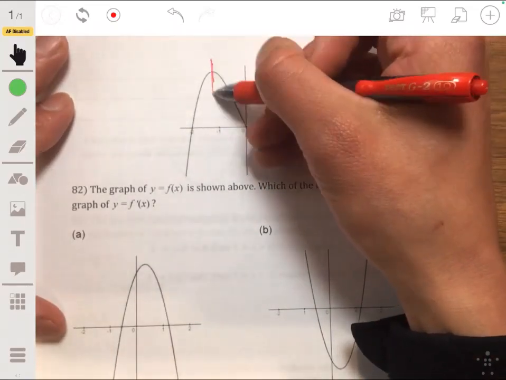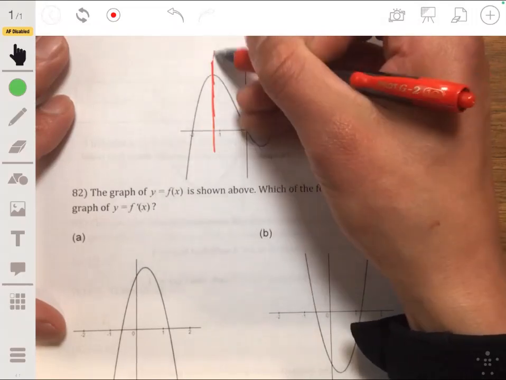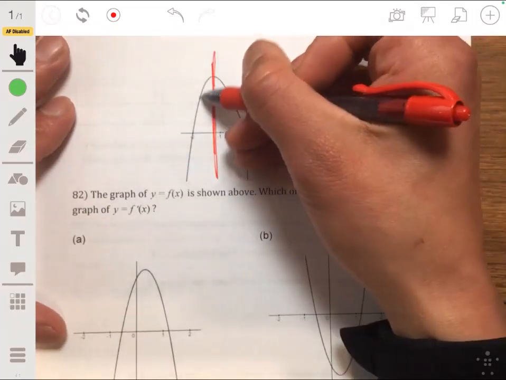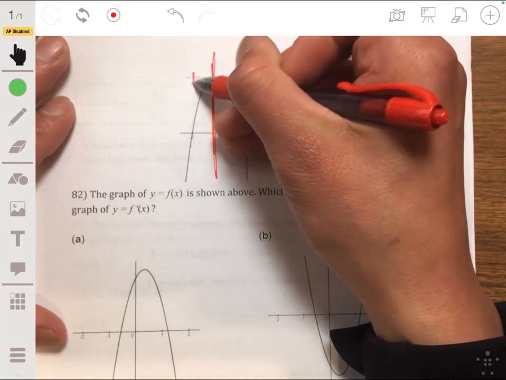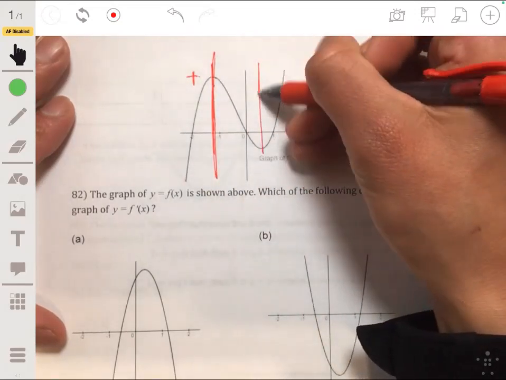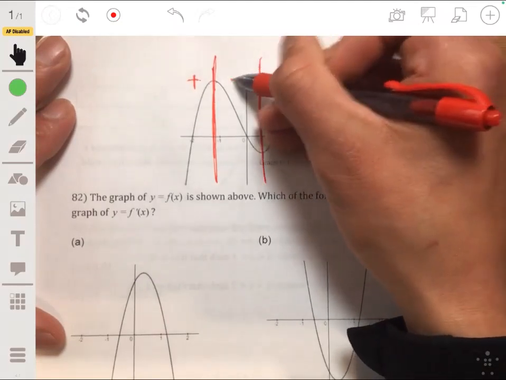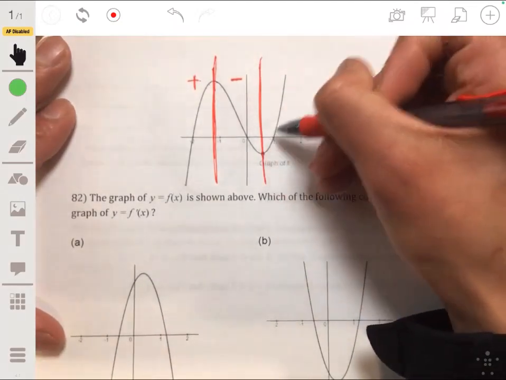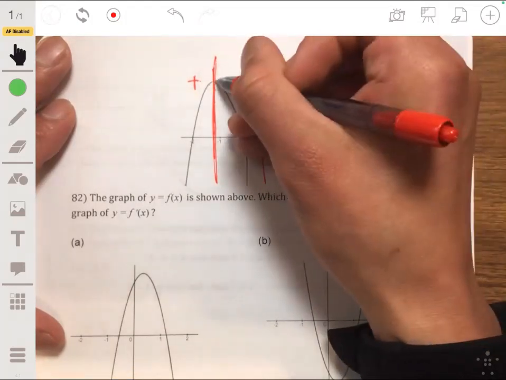So we look at when it changes from increasing to decreasing. On this side, it's increasing, so the derivative is positive from here to here. From here till here, the graph is decreasing, so the derivative is negative. Then from here to here, it's increasing, so it's positive again.